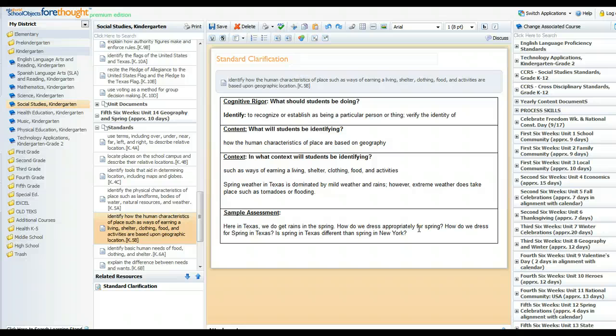But that might be very different from spring in New York City or spring in Massachusetts or Wisconsin. They still may have snow on the ground. It's important for students to understand that where they are determines how we react to that. Also, you can talk about the things that we do. Once it's springtime, we're outside, we're playing ball, we're doing all that stuff. That may be different depending on where you live.